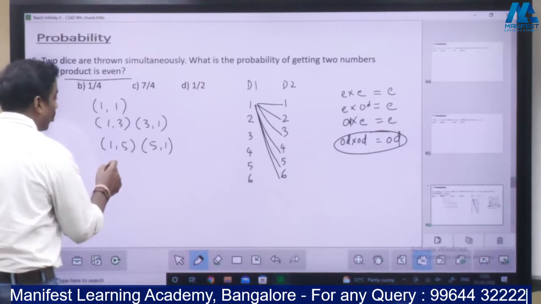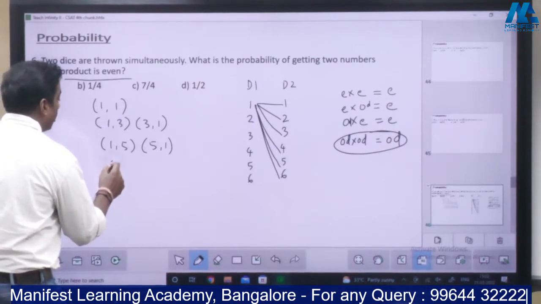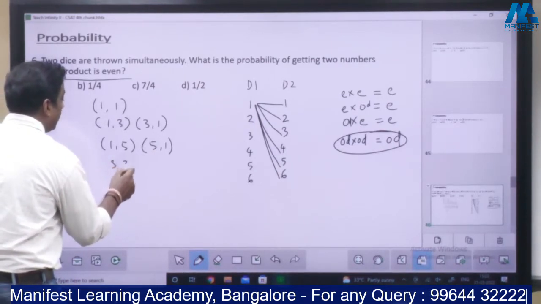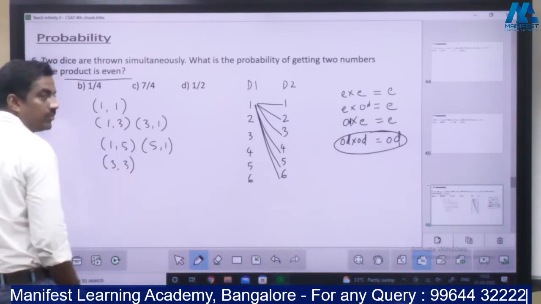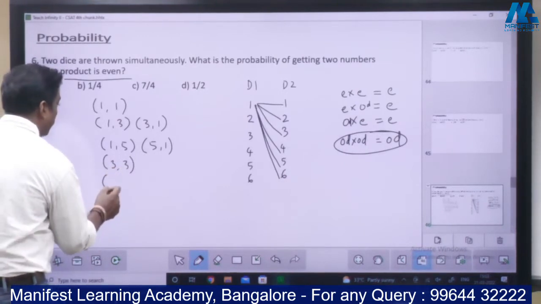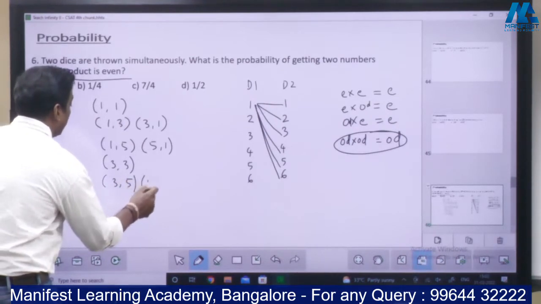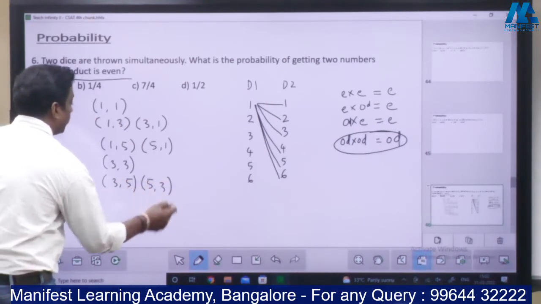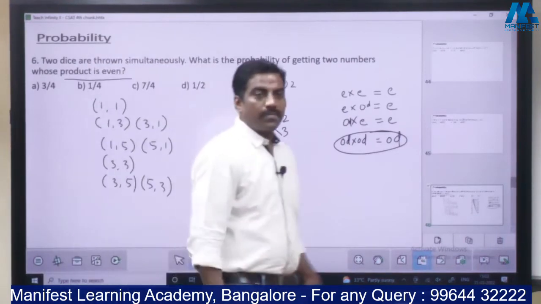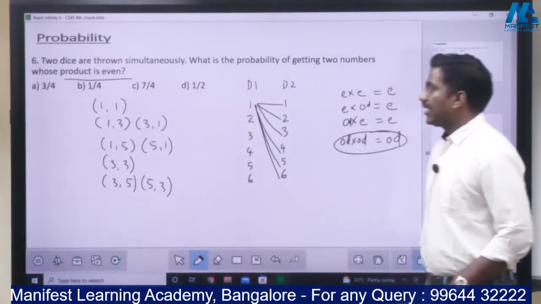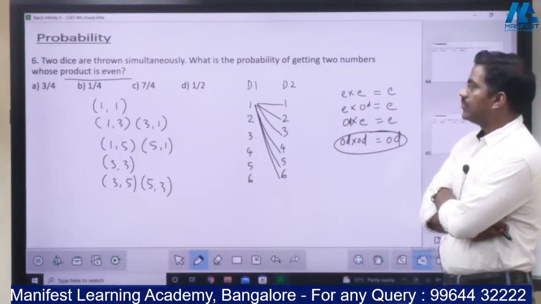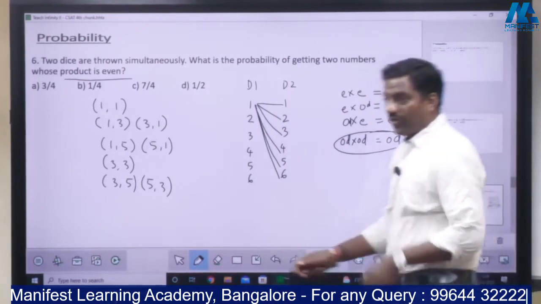Then 3 into 3 is odd. Then 3 into 5 and 5 into 3 are odd. 5 into 5 is also odd.